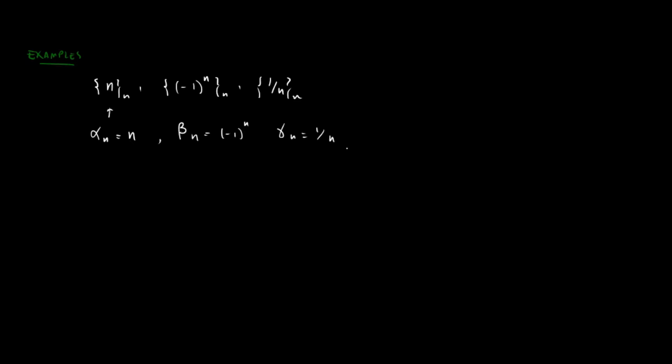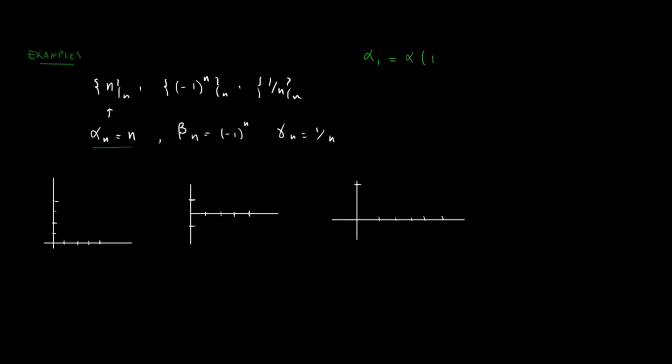So what we can do to visualize these sequences is plot them. So we're going to draw the axis for all three of them. Let's start with this one. So the definition said that alpha sub 1, the first number in the sequence, is going to be alpha evaluated in the number 1.